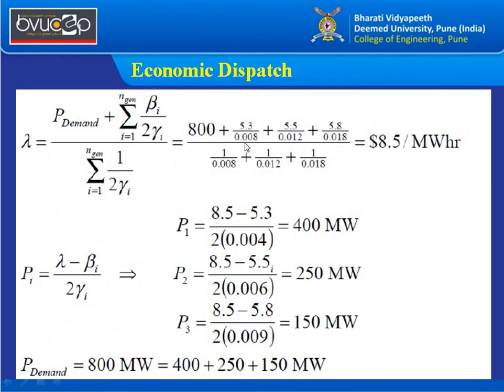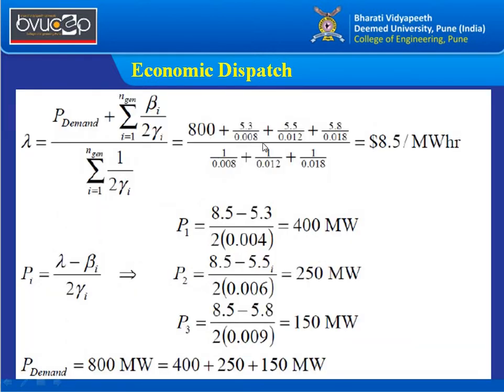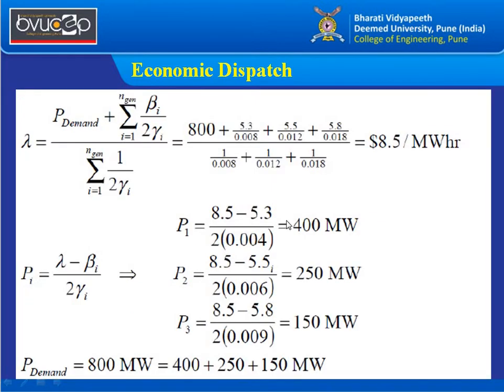Then 2 gamma is actually 0.004 multiplied by 2, it becomes 0.008. Similarly for the second generator we have 5.5 divided by 0.0012, which is multiplying by 2 with gamma. And the third term is for the third generating unit, 5.8 divided by 0.0018.